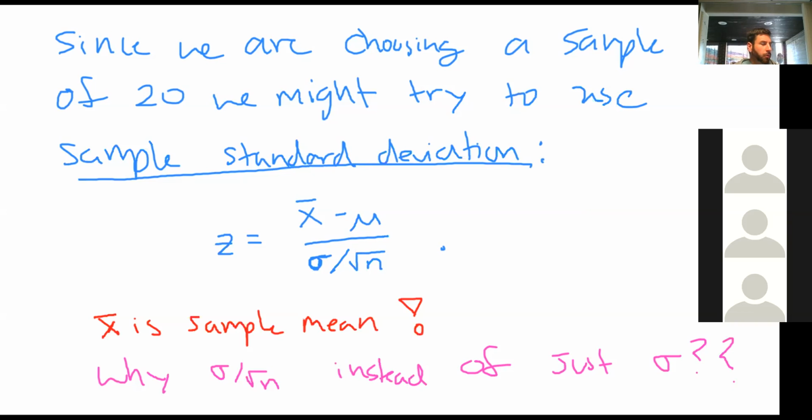Why this sigma over root n? Why not just sigma? Does anybody have a question?